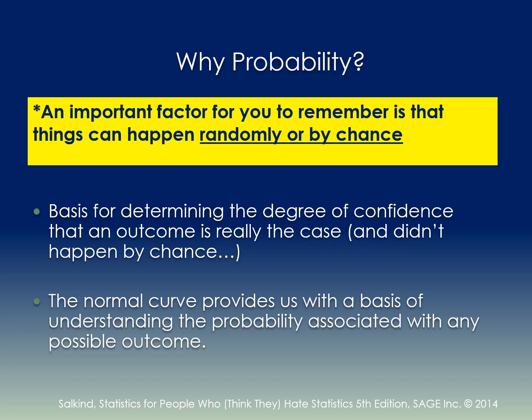So here's this area again that I've highlighted in yellow, and it will make more sense later on when we get into making statistical decisions. An important factor for you to remember is that things can happen randomly, or as we call it, by chance. And by chance, we mean it's a series of things that happen without any kind of systematic design in place.